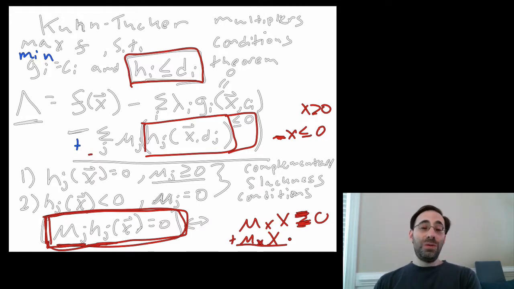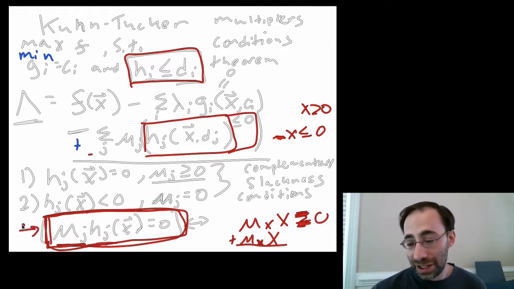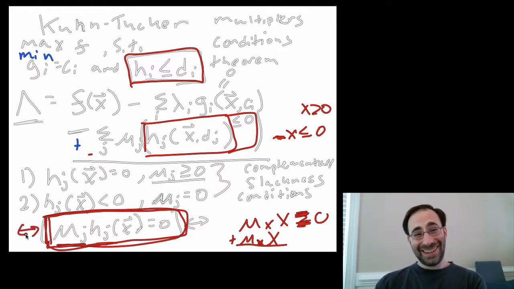And that is, how do you know if mu is 0 or h is 0? This equation right here, the slackness conditions, will never tell you that. So you can't just use these in the system itself, because you will never learn from that system if mu is 0 or h is 0. And here's where these things get unpleasant.